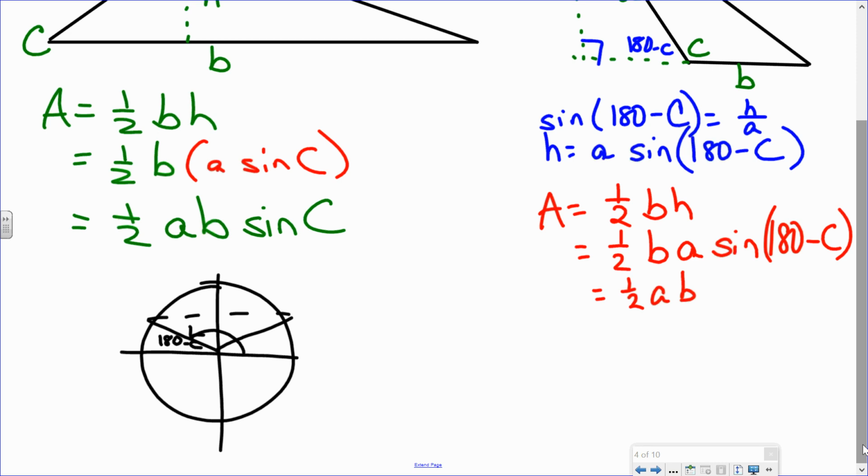Because if this is 180 minus C, this would also be 180 minus C, right? So we're going to have the same thing there.